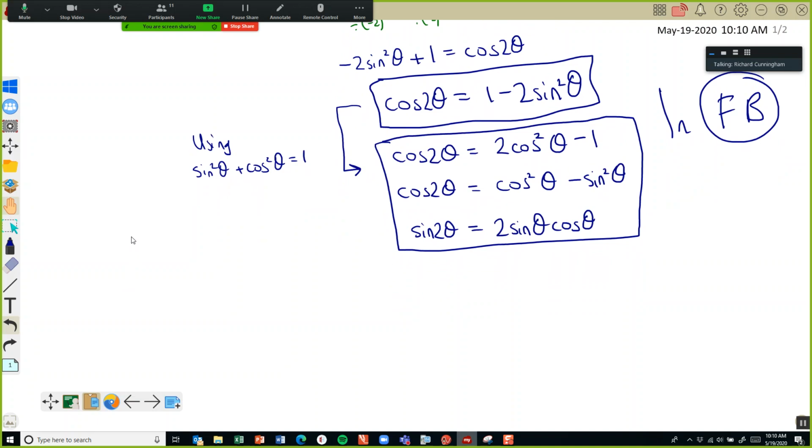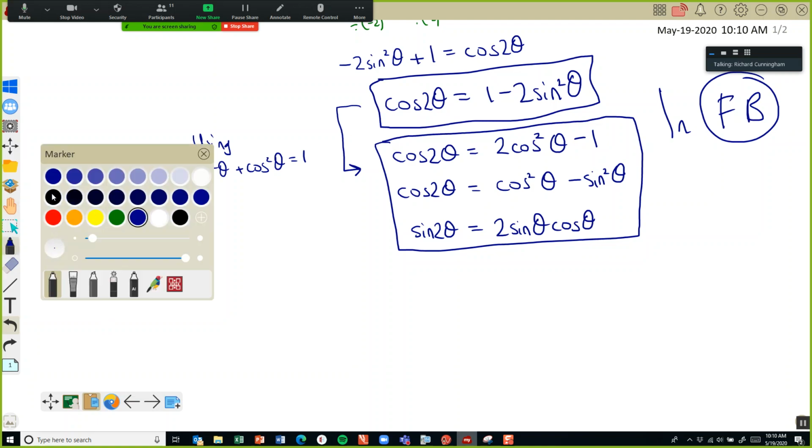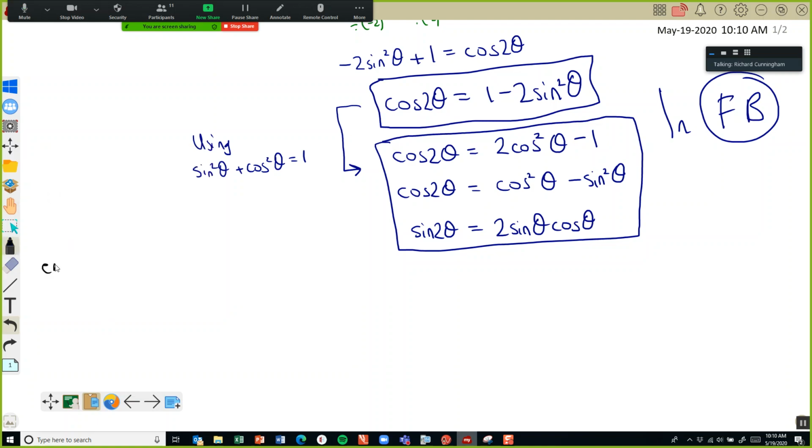All right, just a little question to get you going, and then I will leave you. If, let's say, sine theta is equal to 3/5, and theta is less than 90 but greater than 0, find a few things.